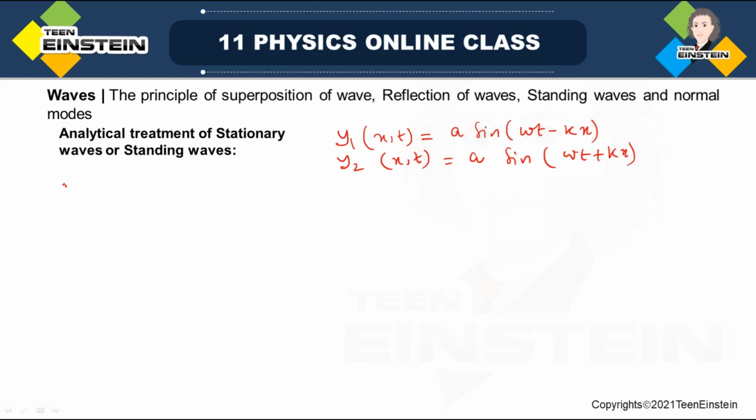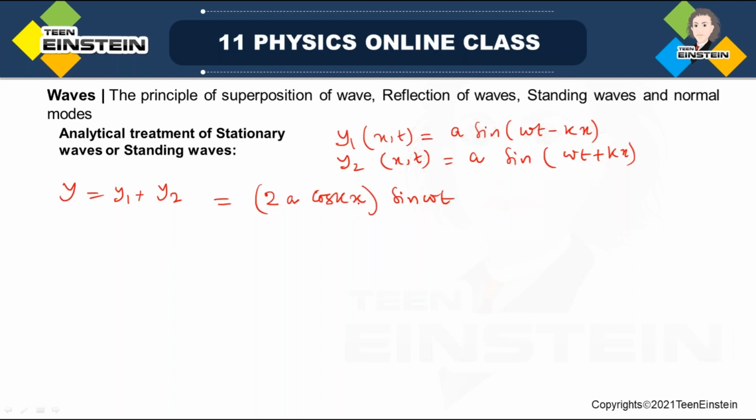So the resultant wave, applying the superposition principle, we have got 2a cos of kx and this is sine omega t. This expression is actually an expression for a standing wave.